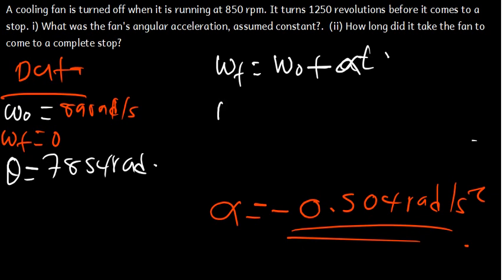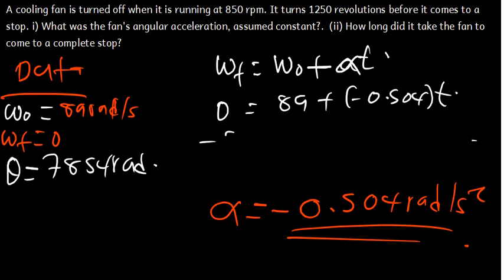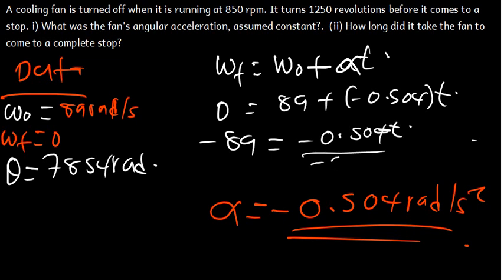The final is 0, the initial is 89, and the angular acceleration is negative 0.504. We want to find time. Shifting to the other side, negative 89 is equal to negative 0.504 times t. We divide both sides by negative 0.504.